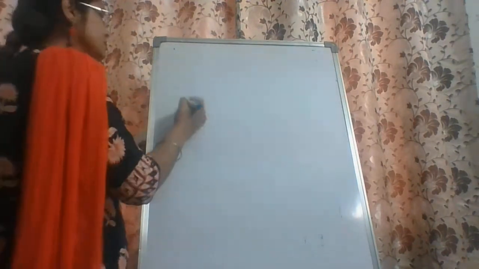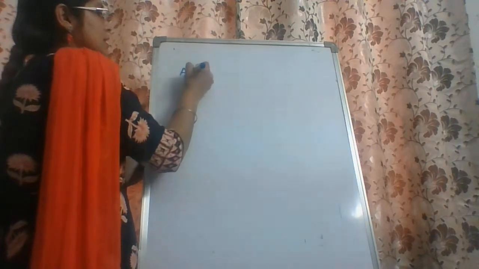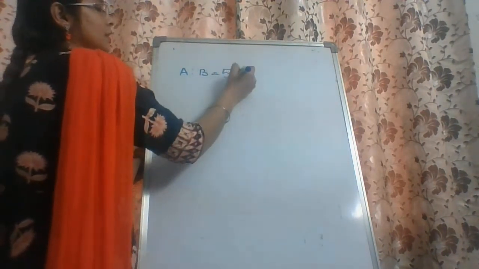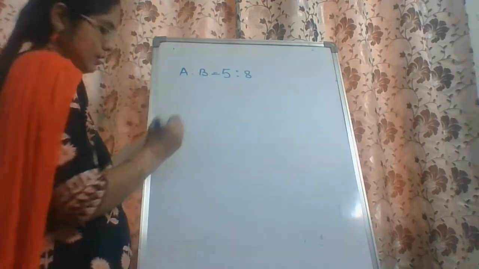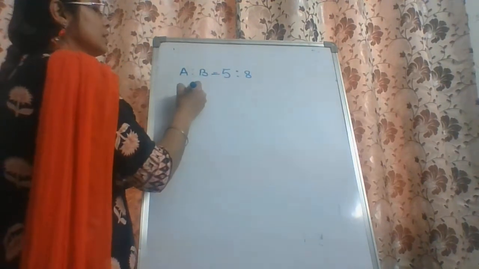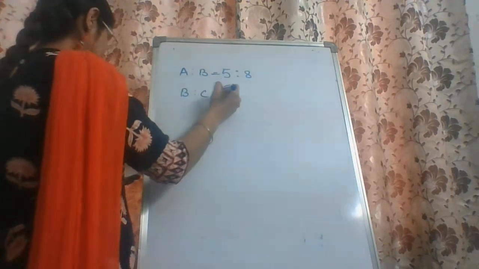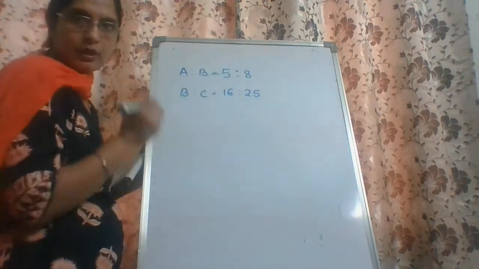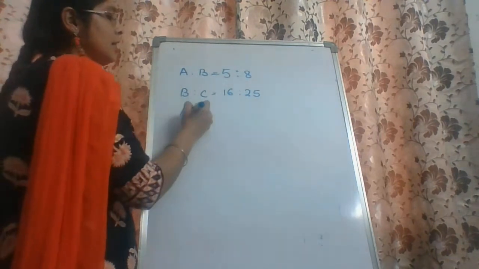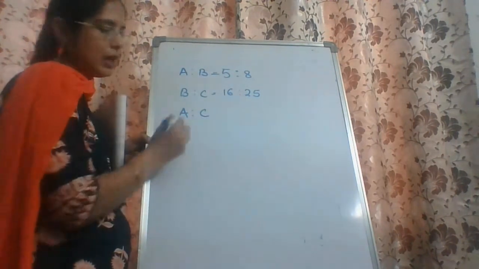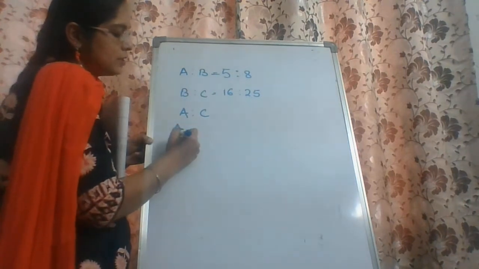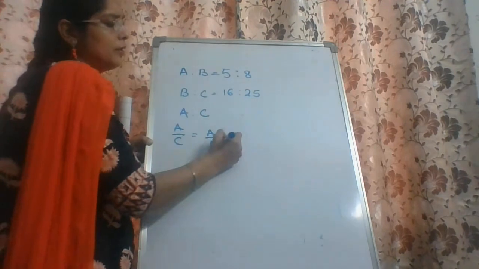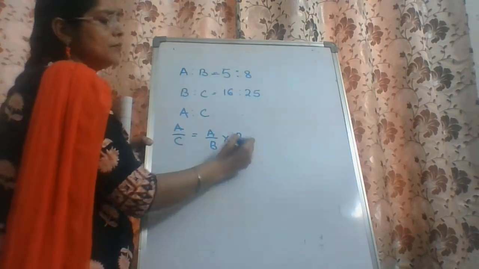Now see, the question is, if A is to B is equal to 5 is to 8, B is to C is equal to 16 is to 25. You have to find A is to C. I have to find A upon C. I can write it as A upon B multiplied to B upon C. B and B gets cancelled.